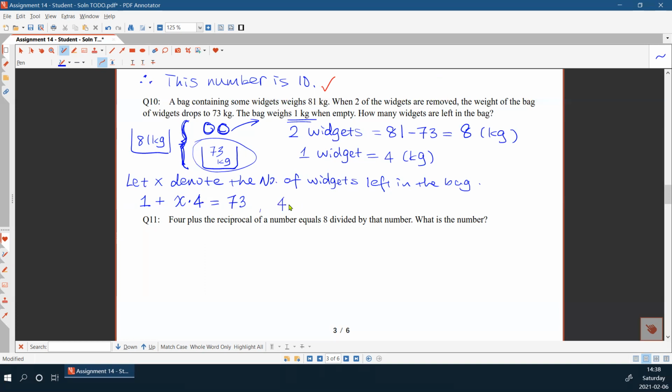So this means 4x equals 73 minus 1, which is 72, right? And x is 72 over 4, which gives you 18. So the conclusion is there are 18 wedges left in the bag. Okay, any questions?